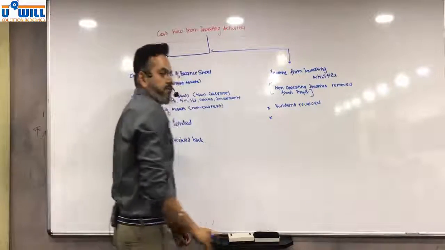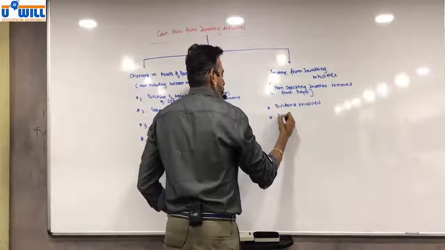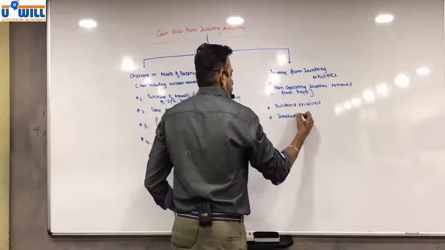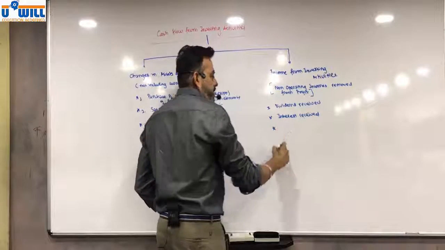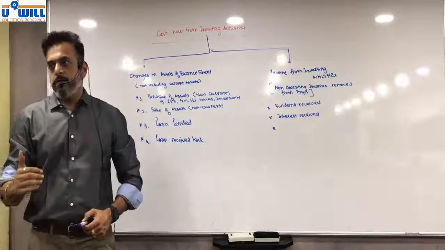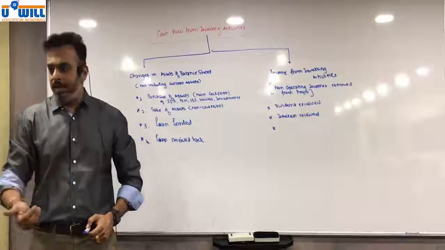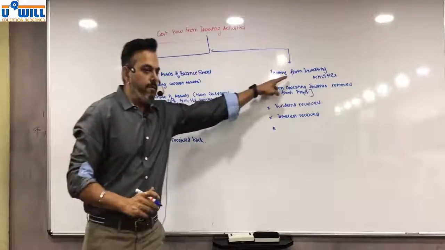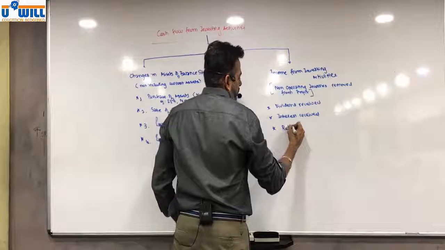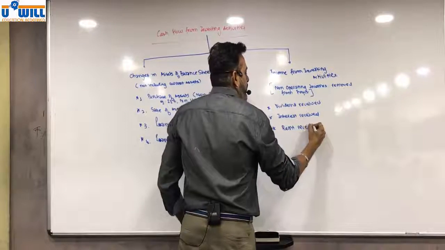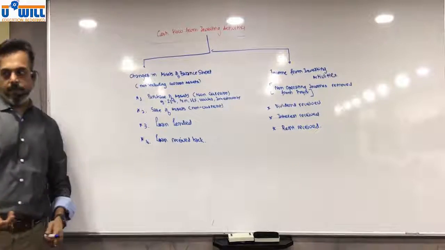If they are in instruments like debentures or bonds, we receive interest. And then, if the property we are using is given on rent, then it is not our operating income, it is our investing income. Rent received. But what is rent paid? Operating, admin expense.